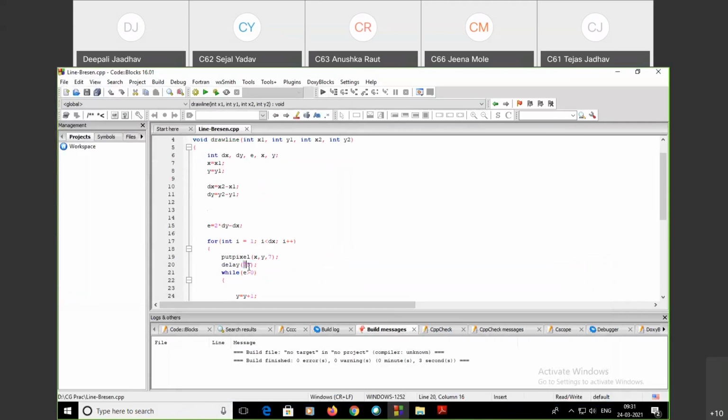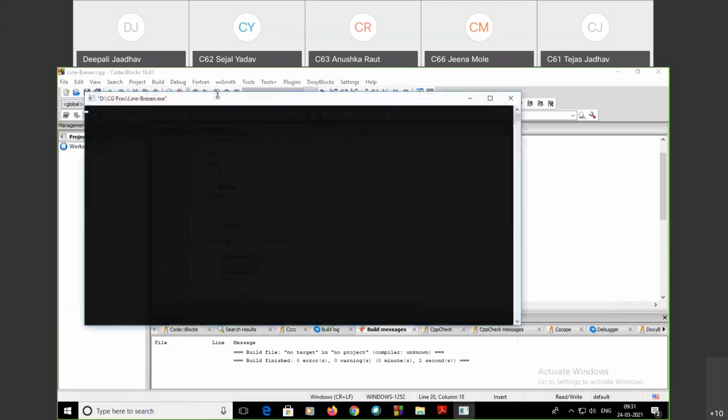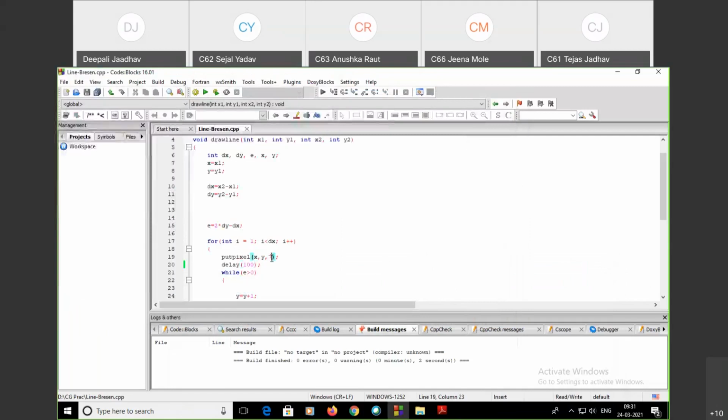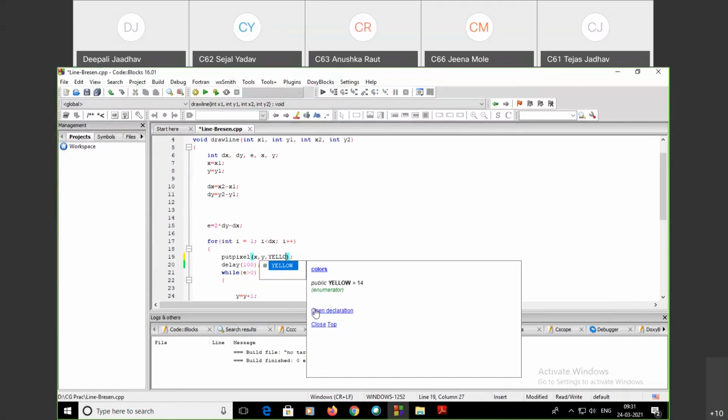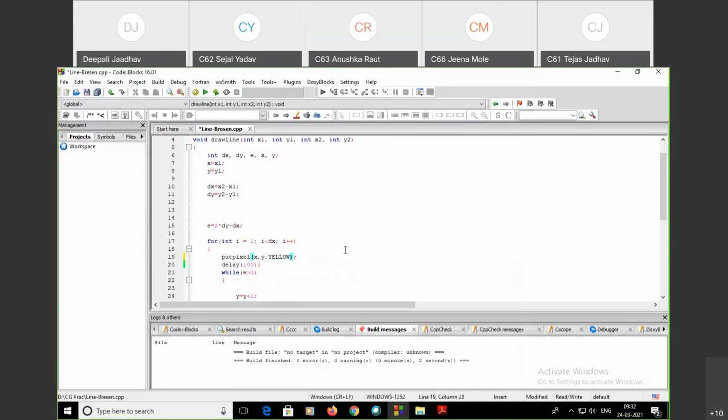Suppose I increase this delay to 100. I change the color to yellow. Okay, yellow color is set.